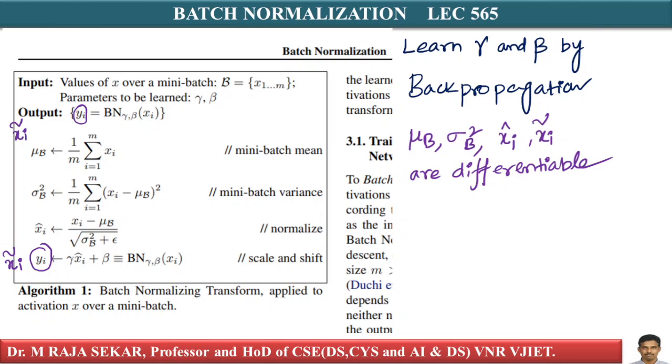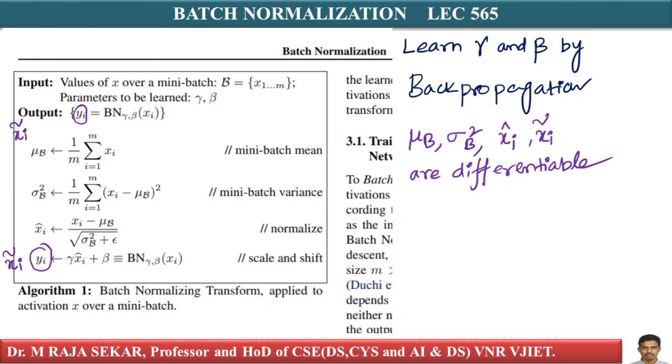Once it is differentiable, we can make it like an activation unit, which means you can add it as a layer with two parameters. You will learn your gamma and beta just like your weights.